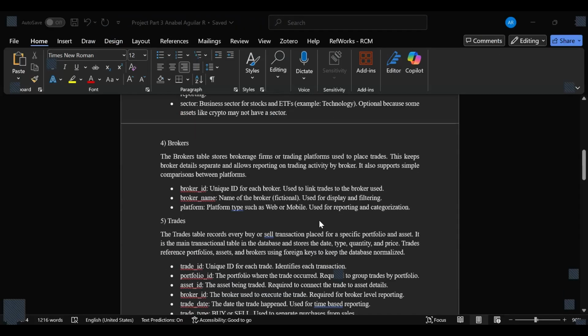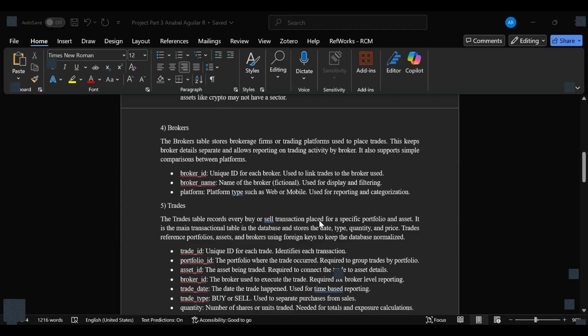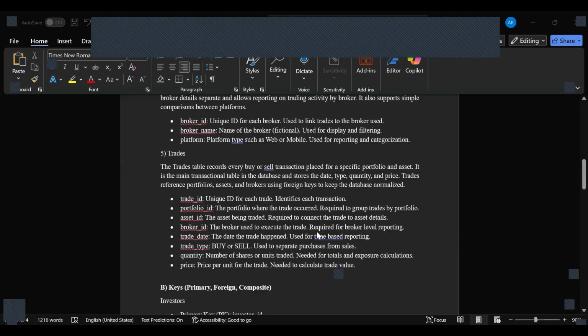Then for table 4, we have the brokers table, which are the brokerage firms or trading platforms that are used to place the trades. For example, there is one called GBM. So we have the broker ID, the broker name, and then the platform, which is, for example, web or mobile. If you're doing it through the website, it'll be web. If you're doing it from an app, it'll be mobile.